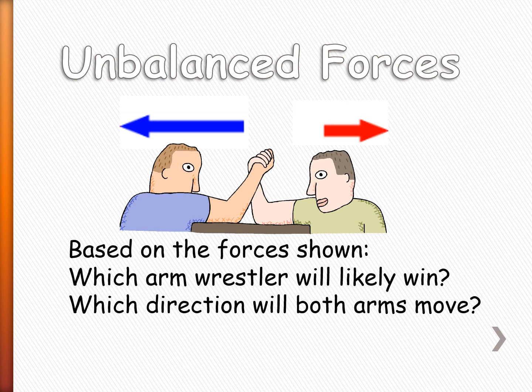So, the question is, which arm wrestler will likely win? Which direction will both arms move? So, the blue wrestler will win, and both arms move in the direction of the bigger force used by the blue wrestler.